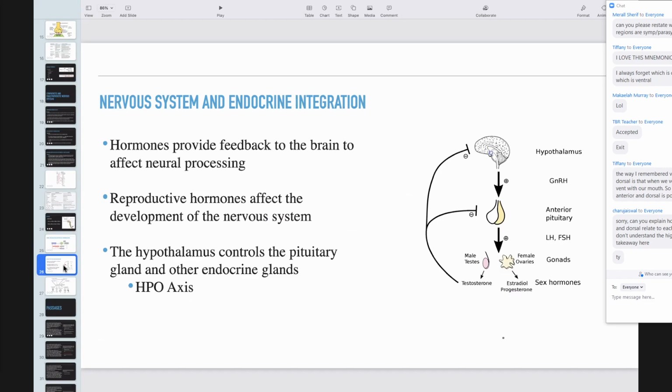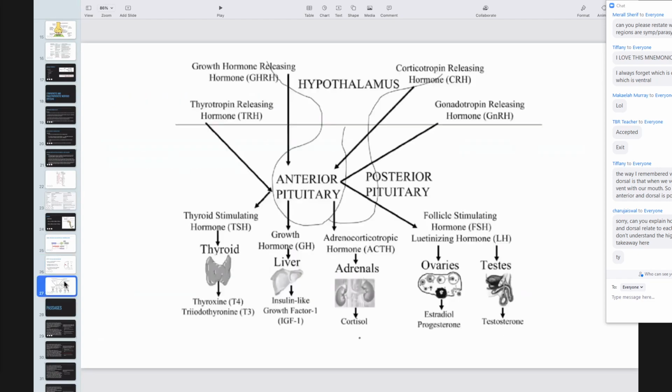Specifically, we'll talk about the HPO axis in much greater depth in the endocrine lecture. The hypothalamus takes information from the nervous system and sends it to the pituitary. HPO is hypothalamus, pituitary, and then O, target organ, and we'll send hormones to different target organs.